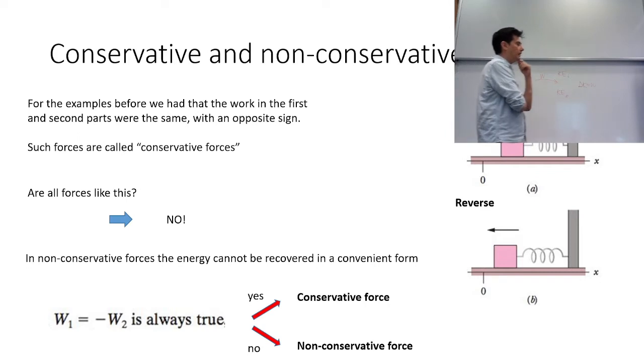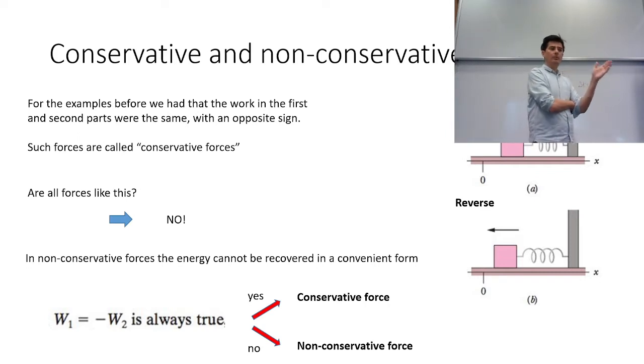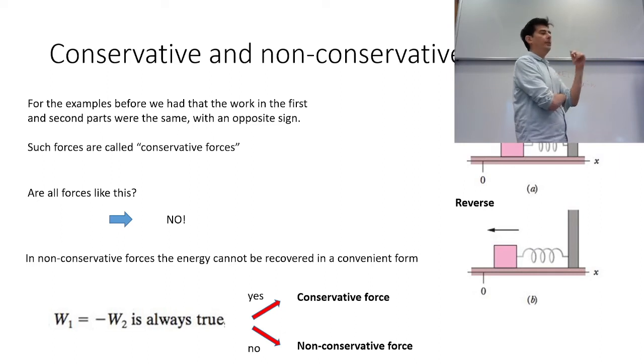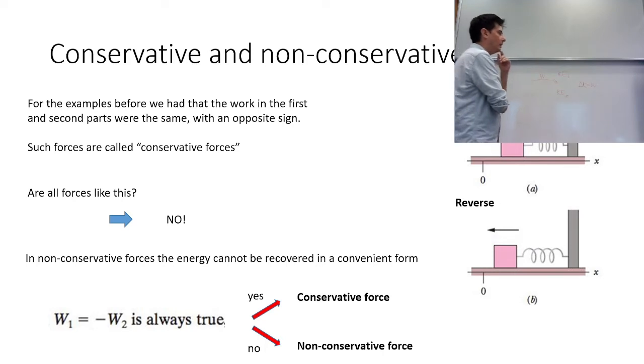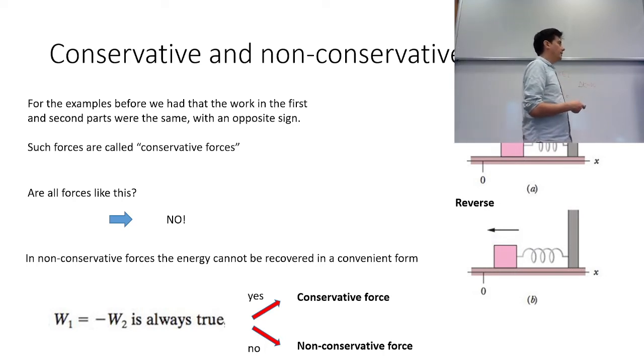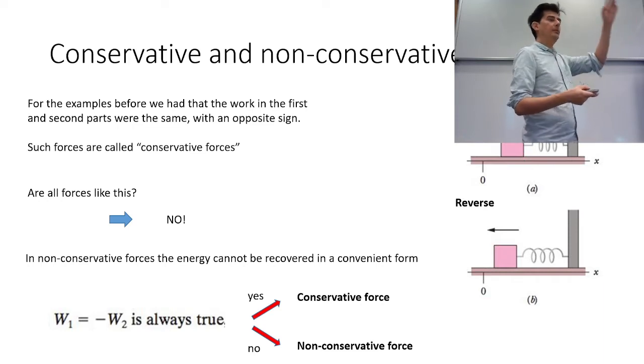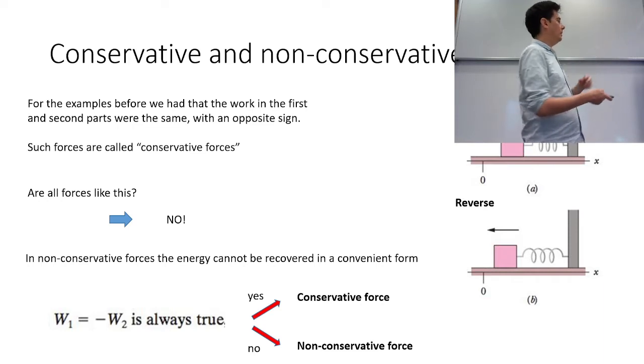In the examples that we've looked at before, all of these were so-called conservative forces, and the signature of this is that when we started, say at this point in the spring example, we compressed the spring, then we came back and released it, right? After the two-step process, the block is at the same position, right?